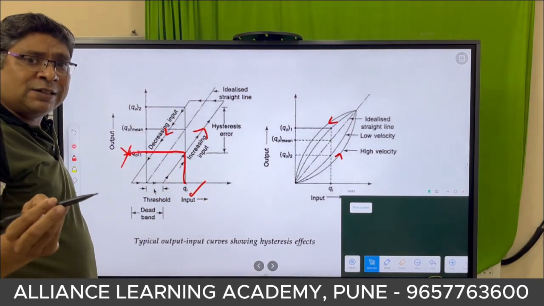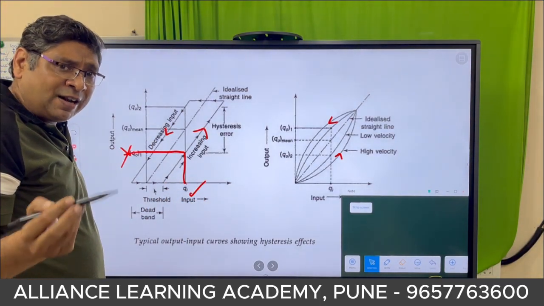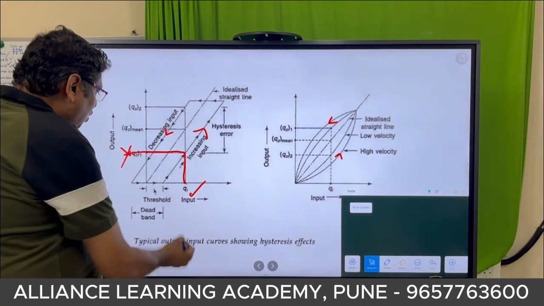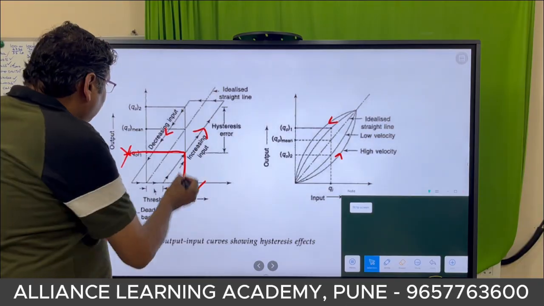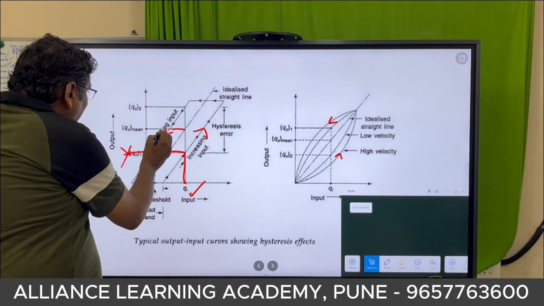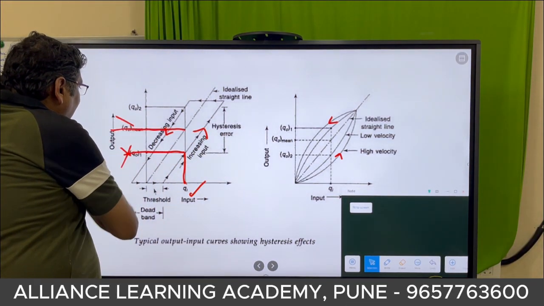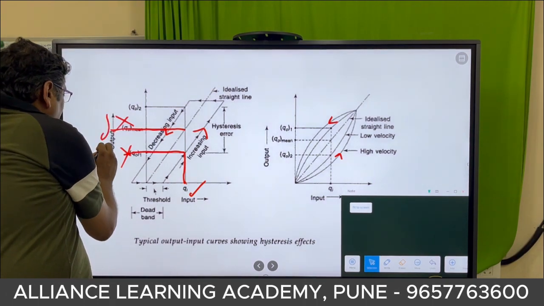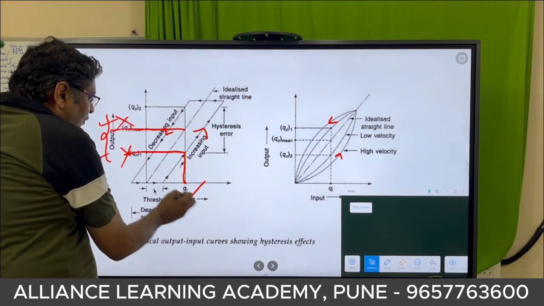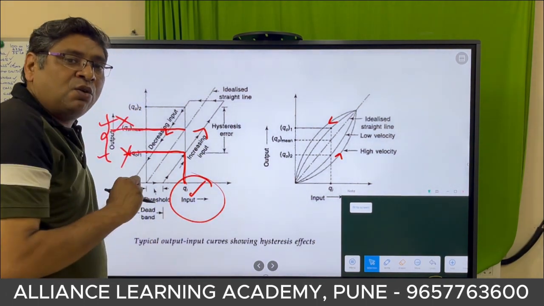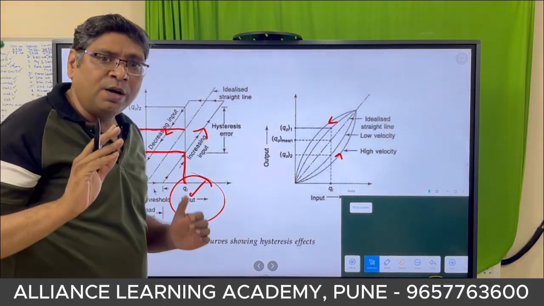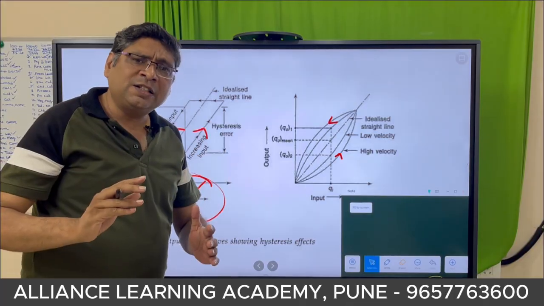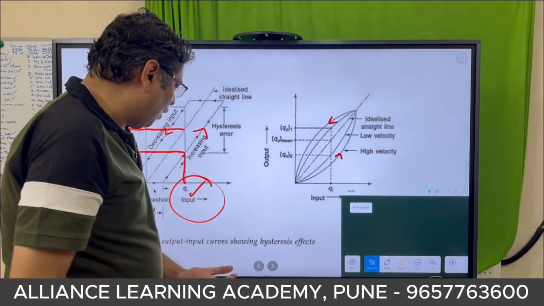See my dear friends, please give attention here, then you will understand. So the same input, while the unloading, the reading is again a different reading. This difference of the reading, meaning two outputs from one input, is called the hysteresis in instrumentation. Okay, hope you understand. If you do not understand, we'll go in the depth of that. You don't worry about it.